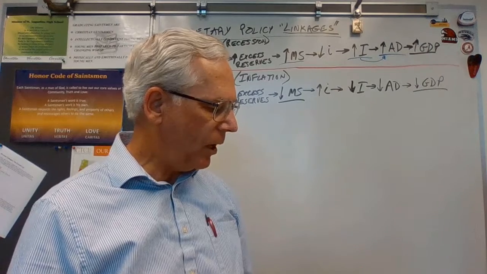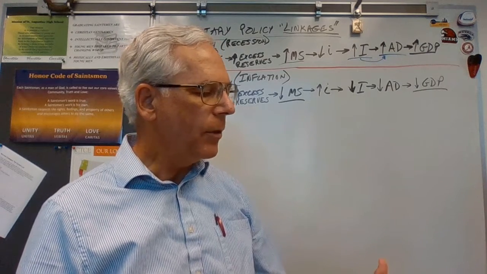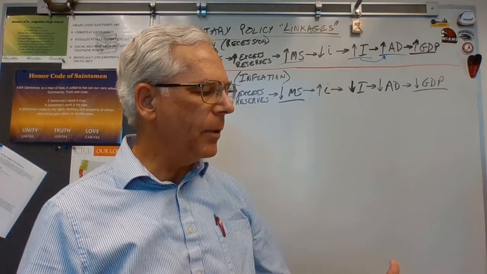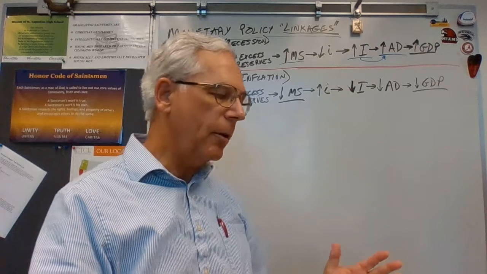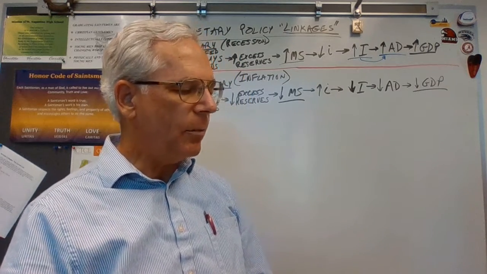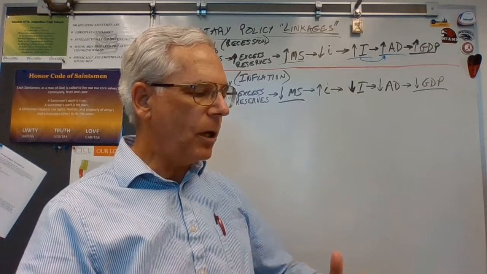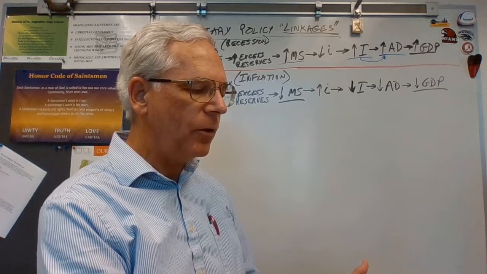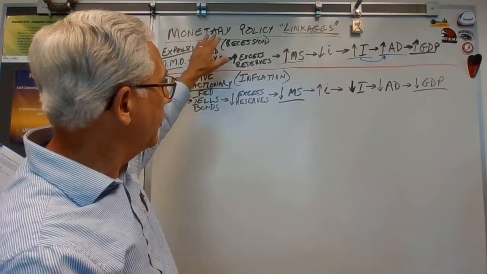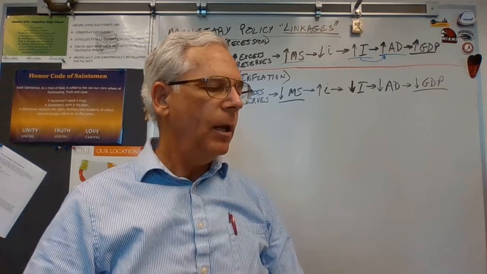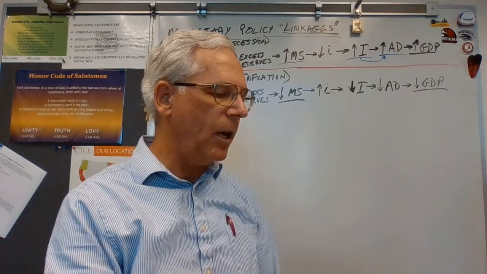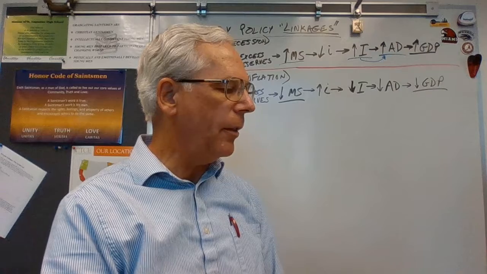On the left-hand side, page 734, we have the money market, the supply of money shifting to the right or to the left. We have the investment demand curve, interest rates going up or down, which will either increase or decrease the amount of business investment, depending on whether we're in a recession or an inflationary time. And then the impact on the AD-AS graph on page 735. Make sure you understand all that.